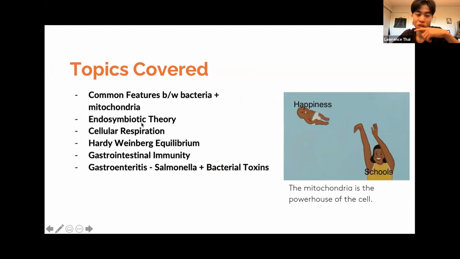And then we're going through cellular respiration, which, yeah, everyone hates. We legit have to learn it every year. And then we're going through Hardy-Weinberg equilibrium. That's not too bad. We're going to go through like an example of that. And then the last 2 topics are mostly about like immunity. And it's somewhat related to what Kat did with asthma and COVID-19.